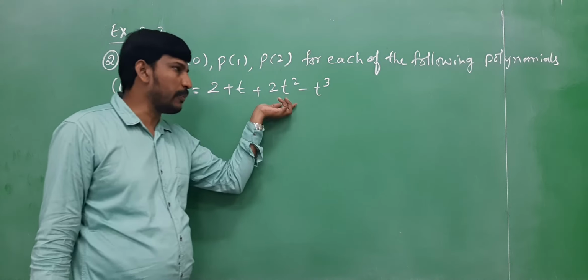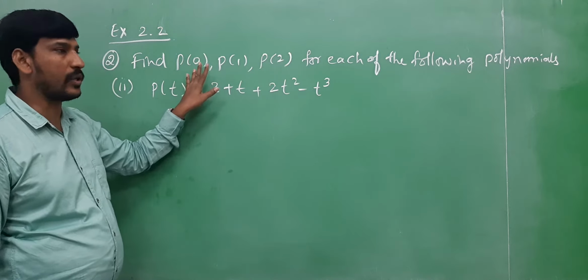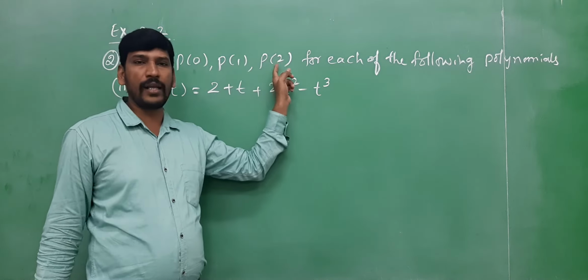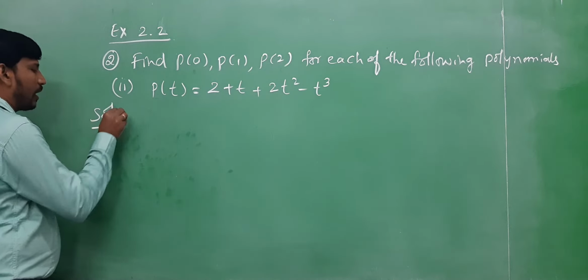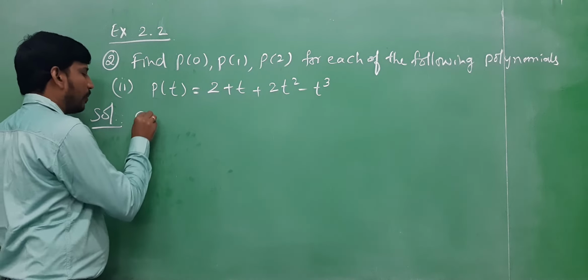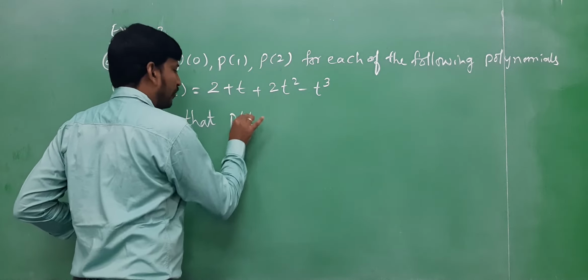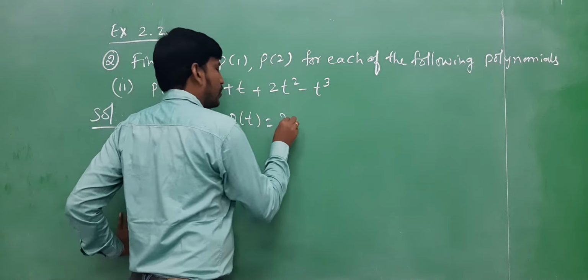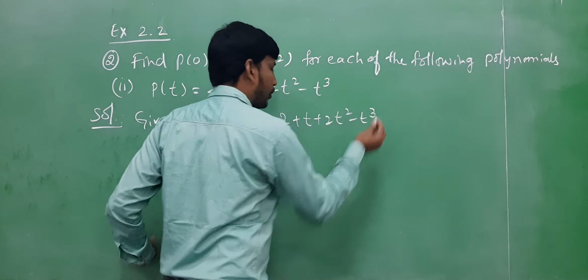For this polynomial we are going to find out the values at t equal to 0, t equal to 1 and t equal to 2. Okay, children, it's very simple. Now, given that the polynomial p of t is equal to 2 plus t plus 2t square minus t cube.